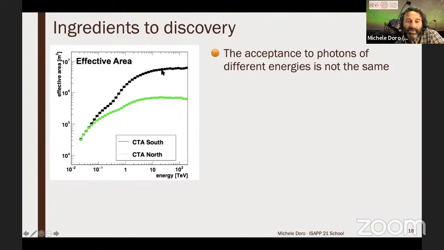That's 100% efficiency, and then you multiply by an area. This is a convention. But now you see that if you go toward lower energies, like 1 TeV or 100 GeV, your efficiency is not the same, okay? So here you can say that, more or less, of every 100 photons that reach your instrument at 100 GeV, you detect only one.